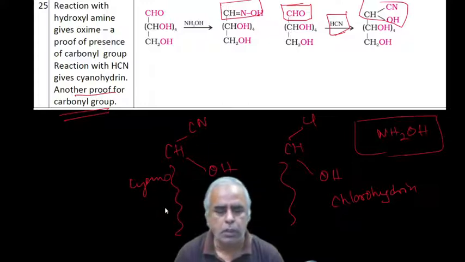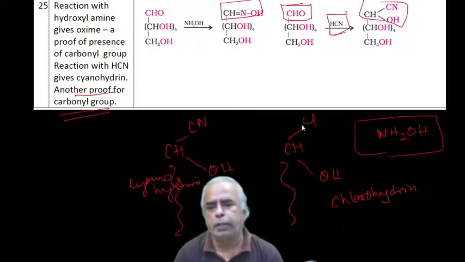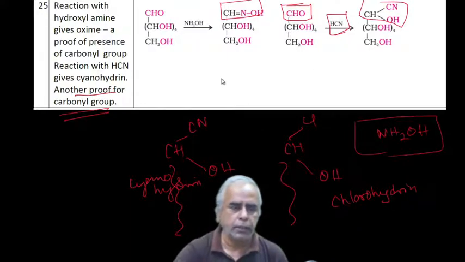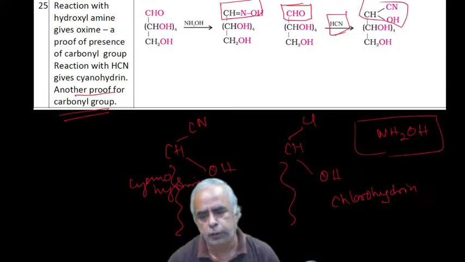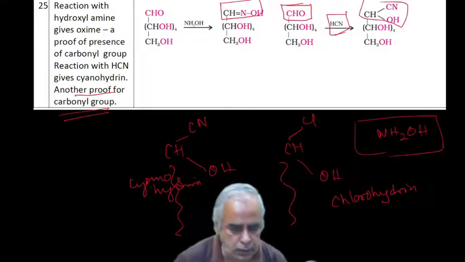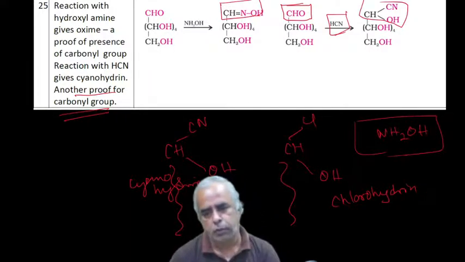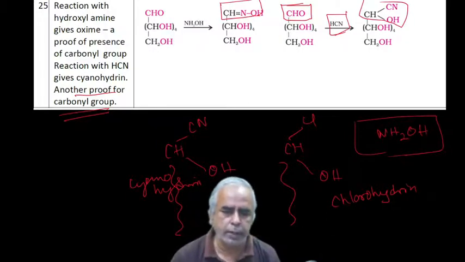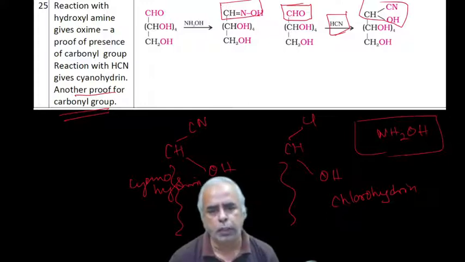This type of reaction is possible only in the presence of CHO. So it is a direct proof that glucose consists of a carbonyl group. That is the direct evidence, is it not?